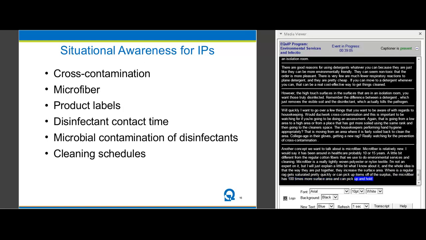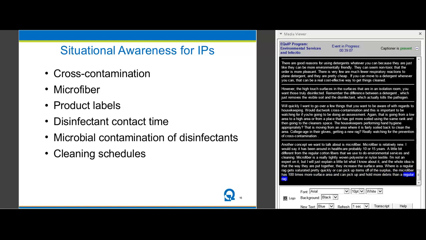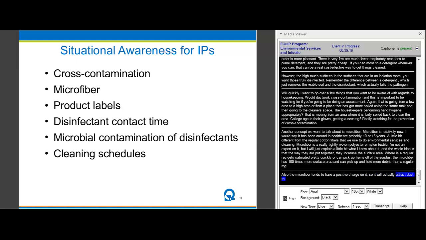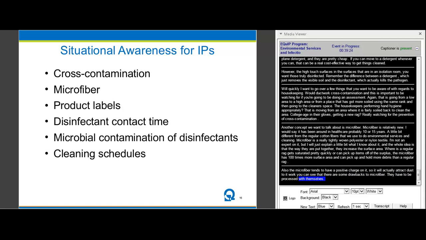Also, the microfiber tends to have a positive charge on it, so it will actually attract dust to it. There are some drawbacks to microfiber, though, like they have to be processed with themselves. You can't just throw microfiber into the laundry with other things because they do collect a lot of dust. You'll get them full of lint.